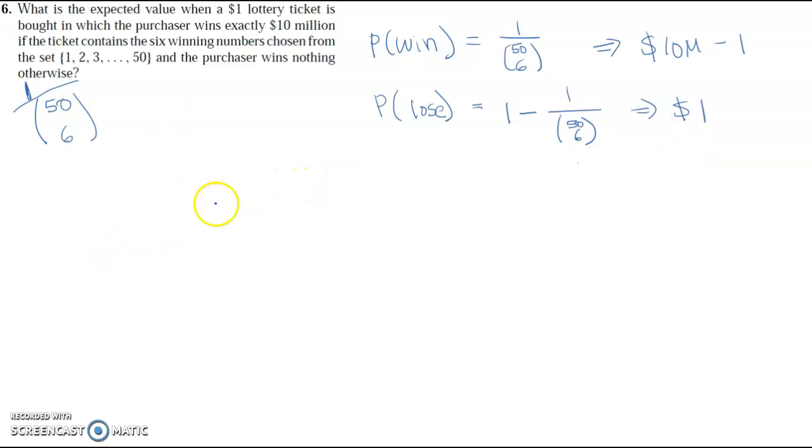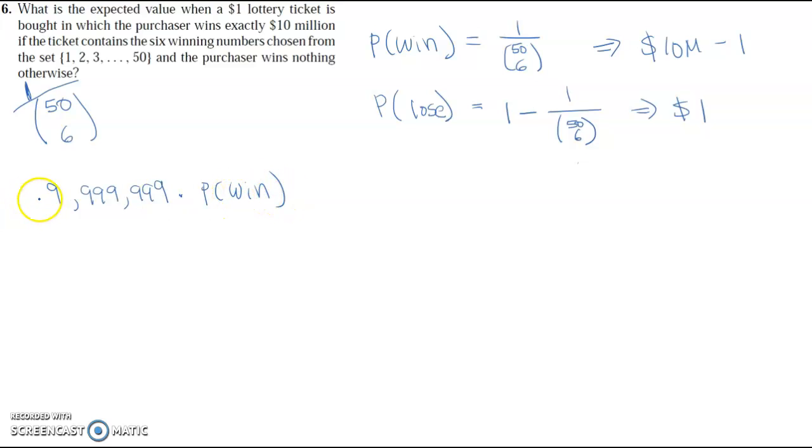Okay, so this would be 10 million minus 1. Let's see if I can count. That's going to be this much over, well, let's think about it, we have to subtract these two, so let's do that first. So this is going to be that times the probability of winning.